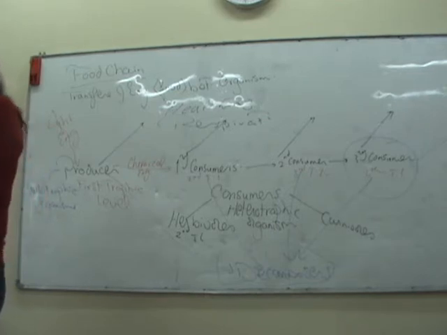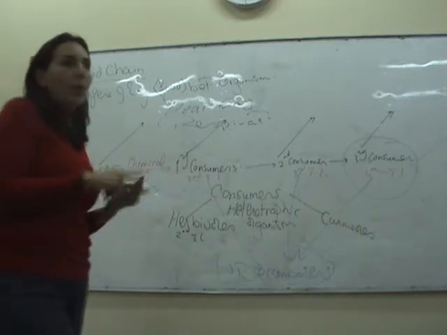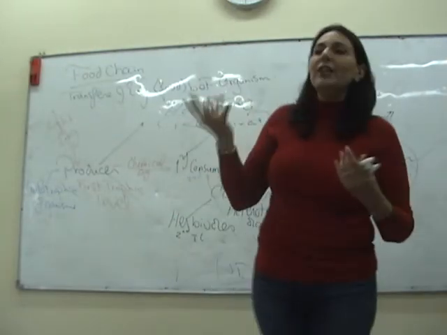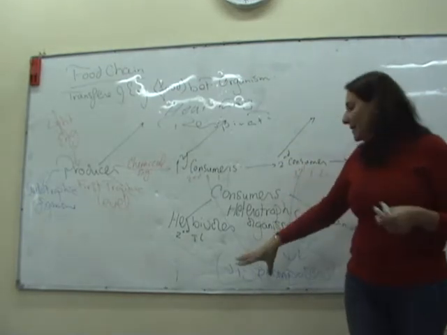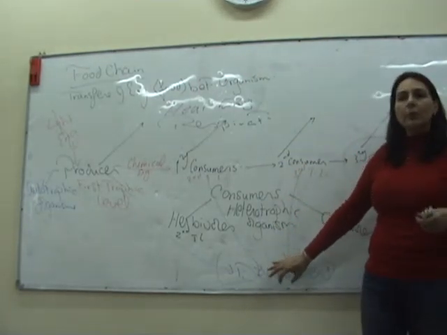So all the uneaten parts, all the digestions, all the excretions, all the dead organisms in any trophic level will end up at the decomposers.